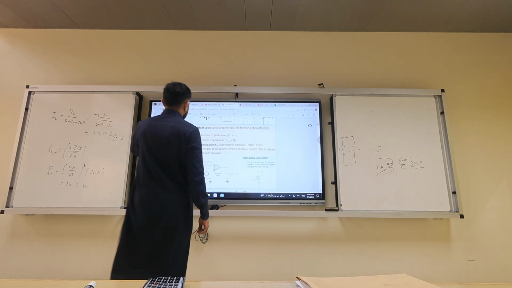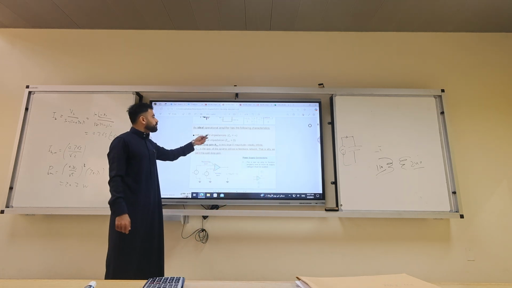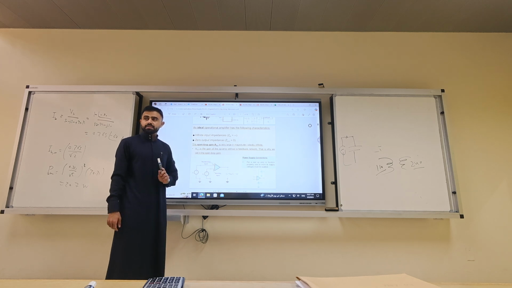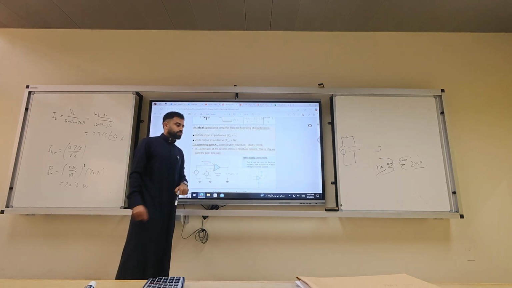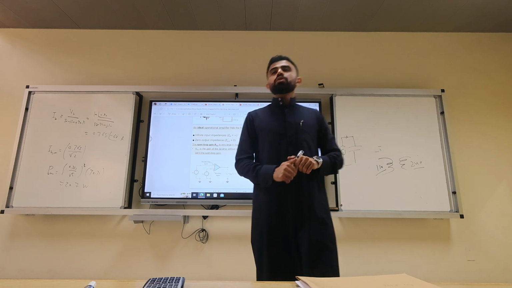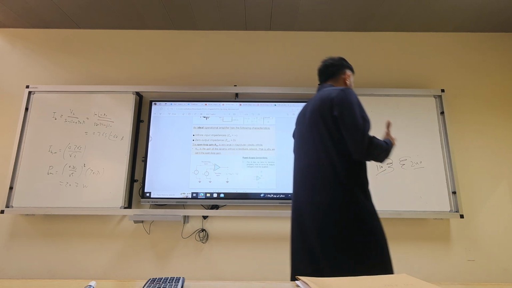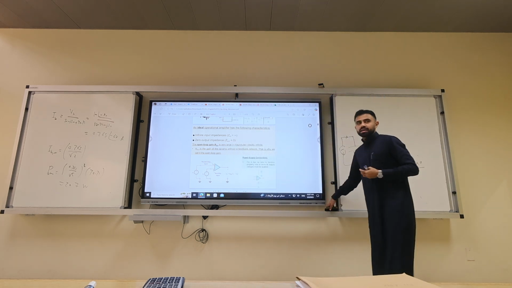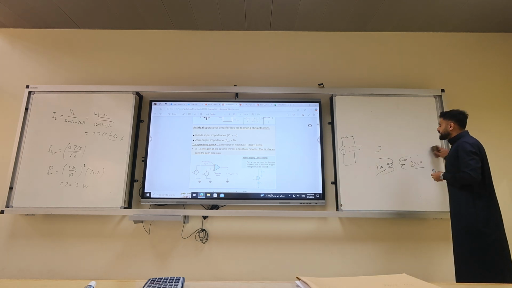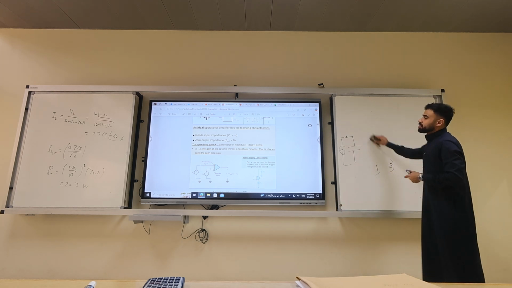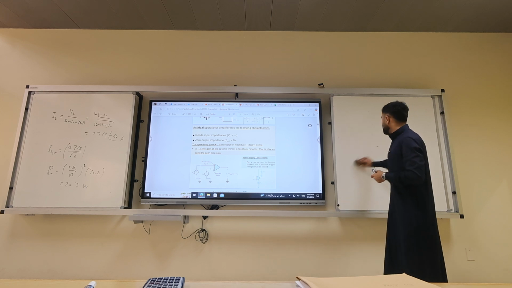The first feature is it has infinite input impedance. What does that mean? When I tell you very high impedance, it means it acts like an open circuit. Note the word infinite input impedance.